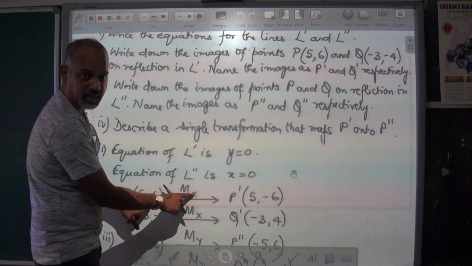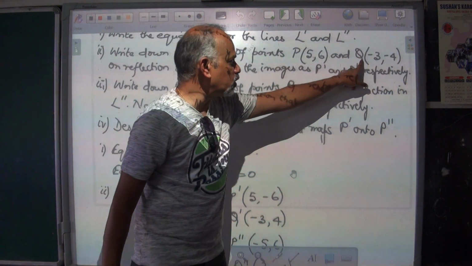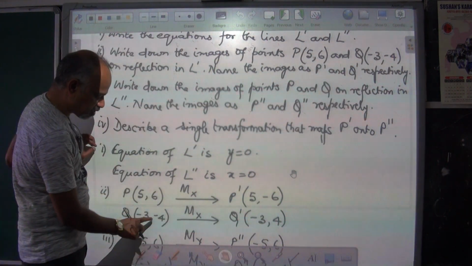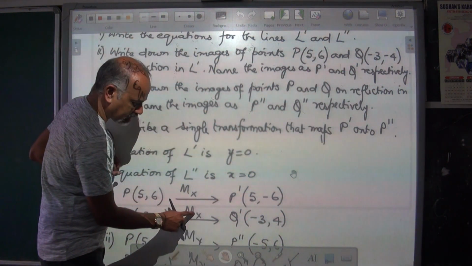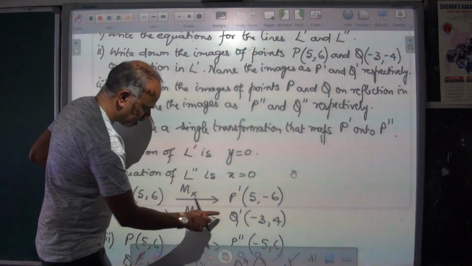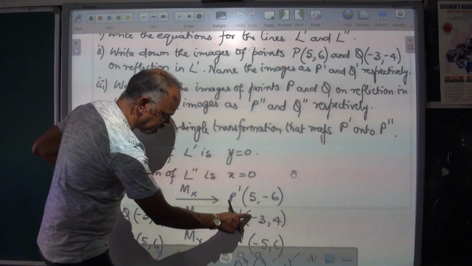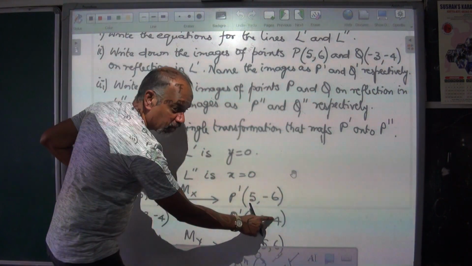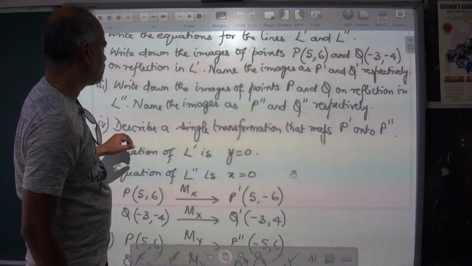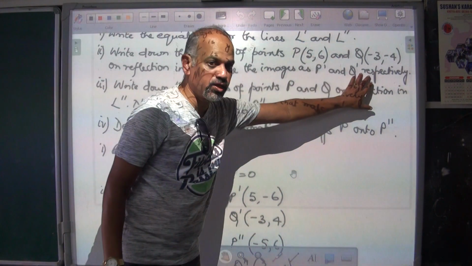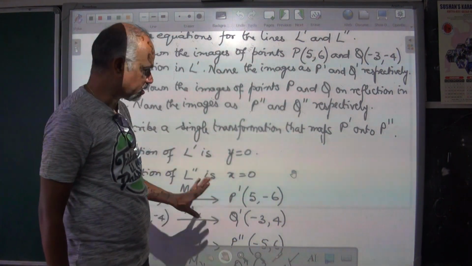Do the same thing with Q. Q's coordinates are -3, -4. It is reflected in the x-axis, so Q becomes Q dash: -3 remains the same, -4 becomes 4. That's the second one. P dash, Q dash are here.